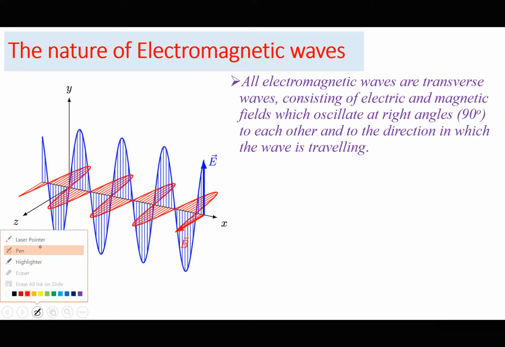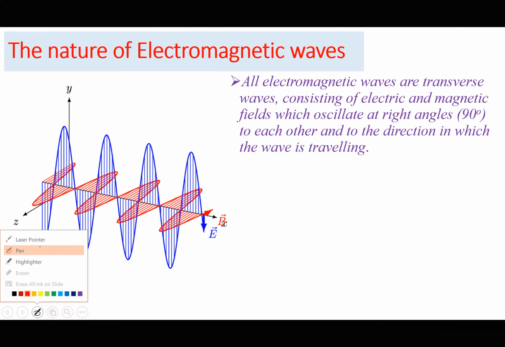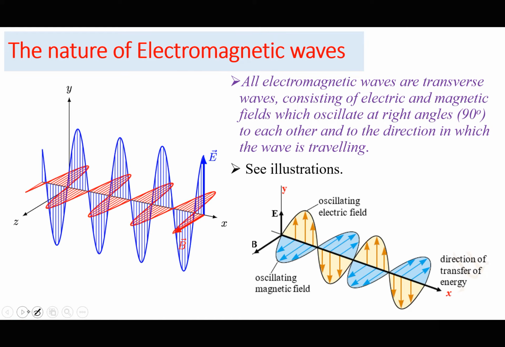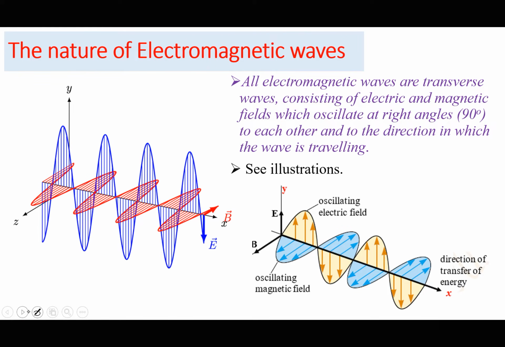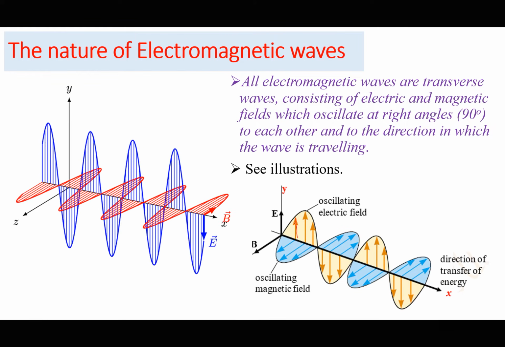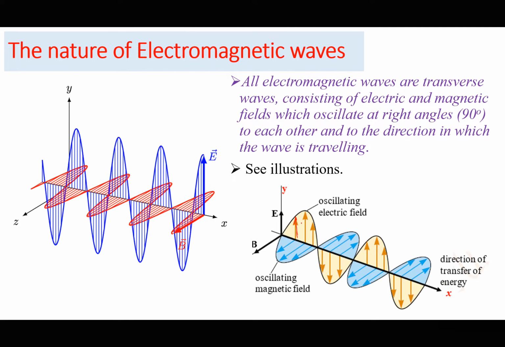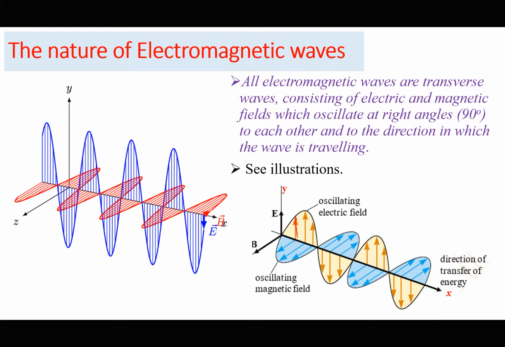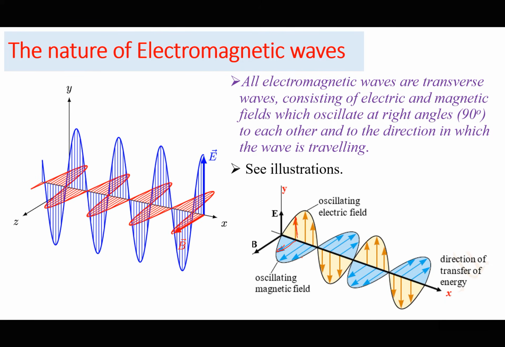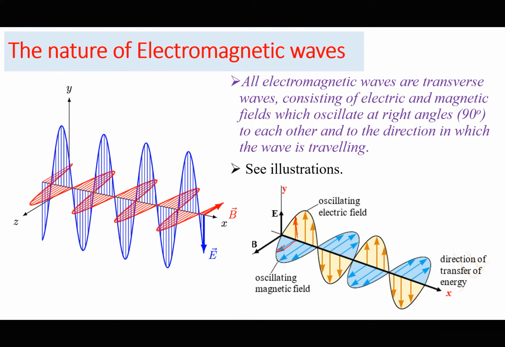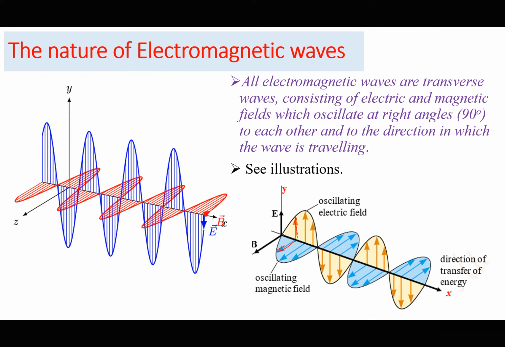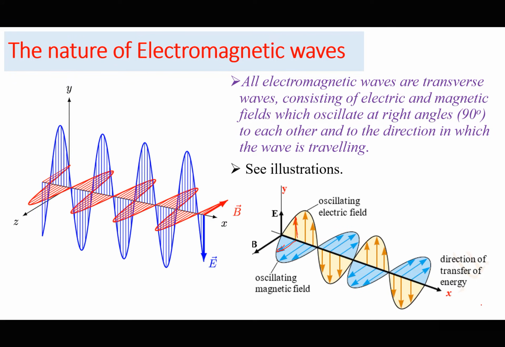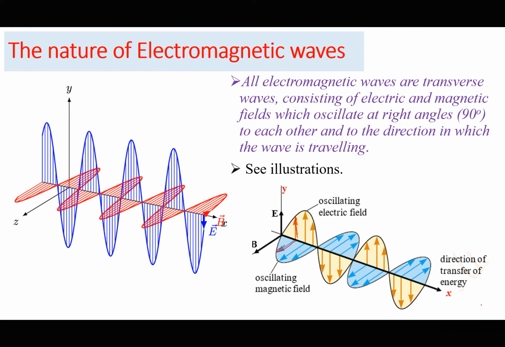That is an electromagnetic wave. Many times we shall illustrate electromagnetic waves just like this, to show oscillations which are perpendicular: the electric field oscillating perpendicular to the magnetic field, and at the same time both oscillating perpendicular to the direction of propagation of the energy, or the direction in which energy is being transferred.